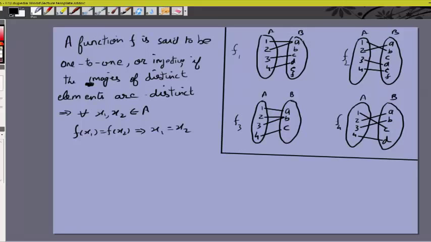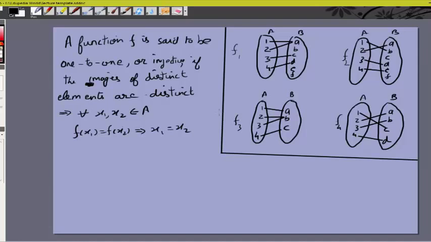For example, the value of y, which is A here, corresponds to two values of x, 1 and 2. So this is not one-to-one or injective. The name also suggests it's one-to-one. So one-to-one means inverse is also true. That means if you have one value of y, then that corresponds to one value of x only. Right, so two values of x cannot ever have the same value of y in a one-to-one or injective function.